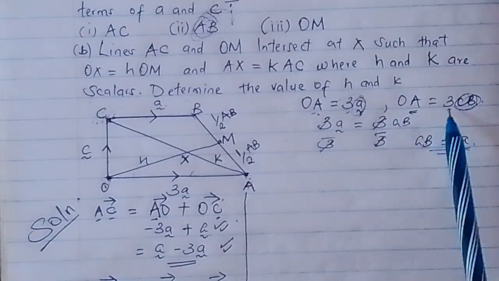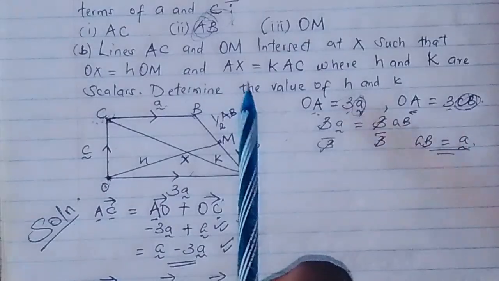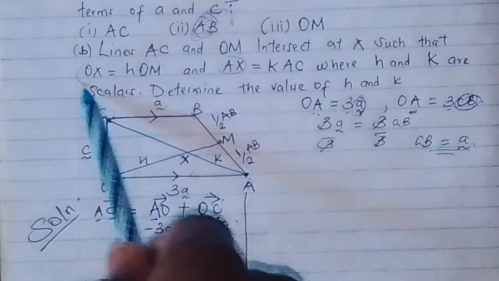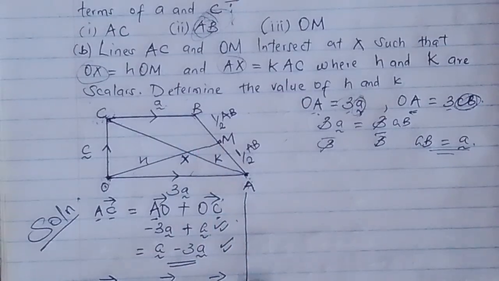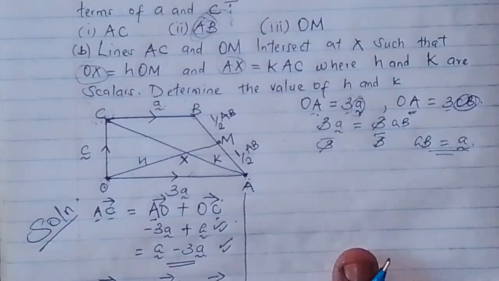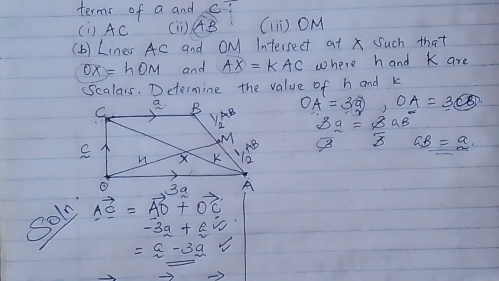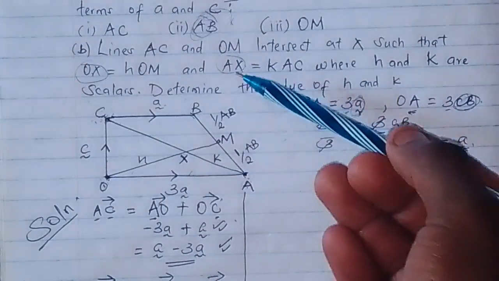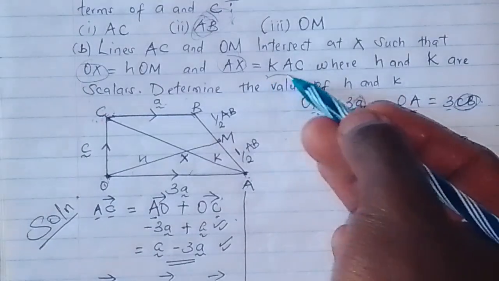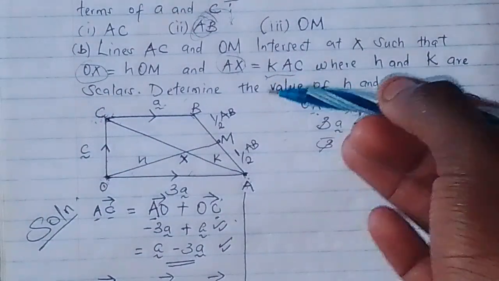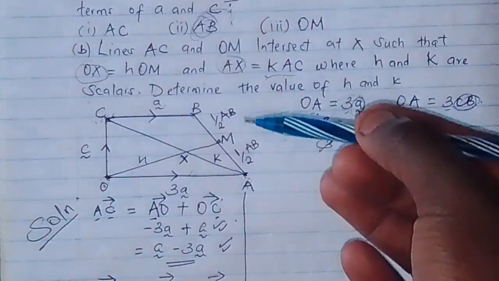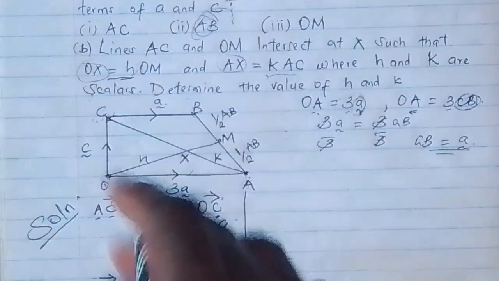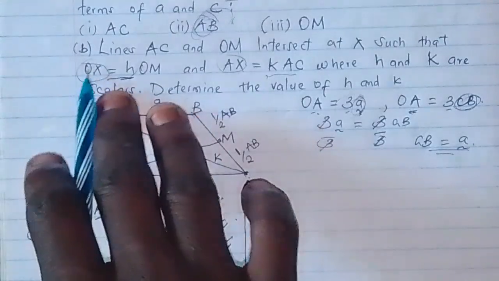So we know that we have to express either this or this in two ways. If we are expressing AX in two ways, we express it directly as the first way, and in the second expression, OX should be there.